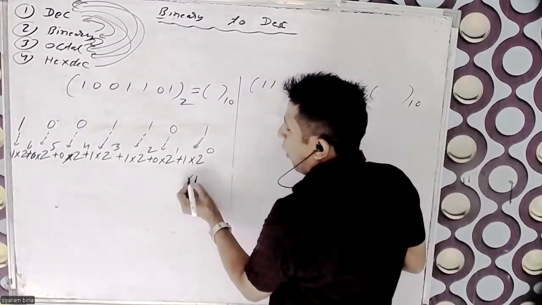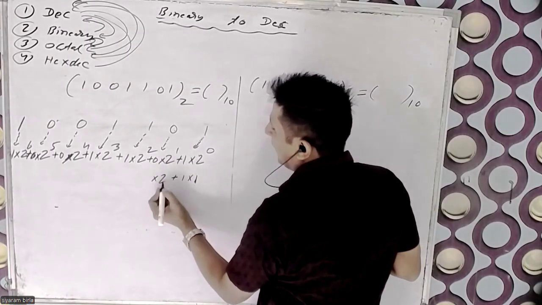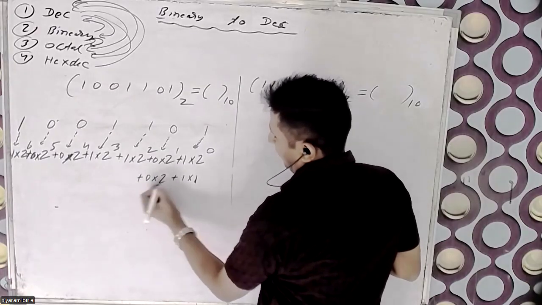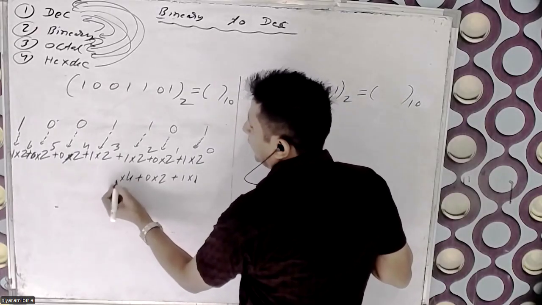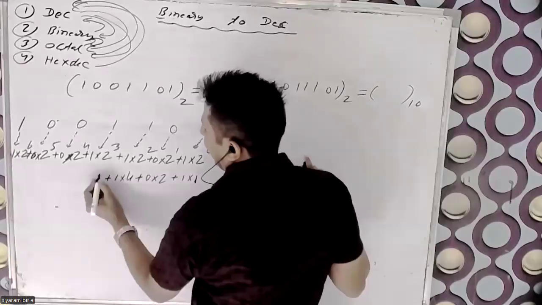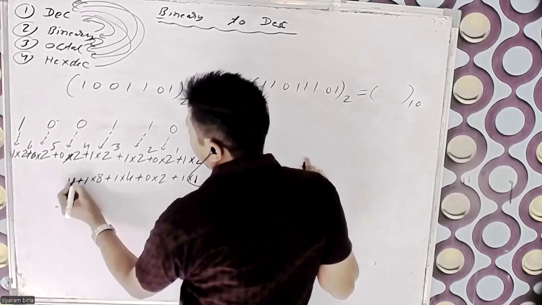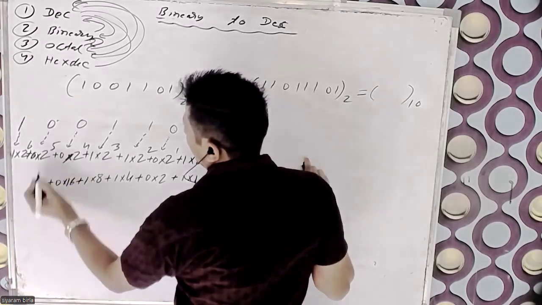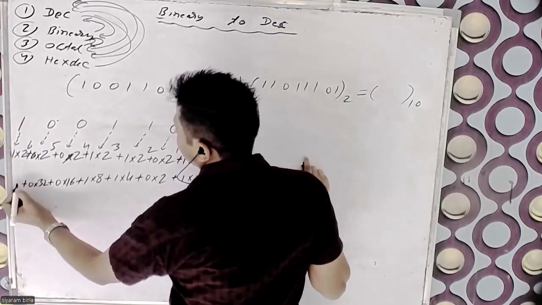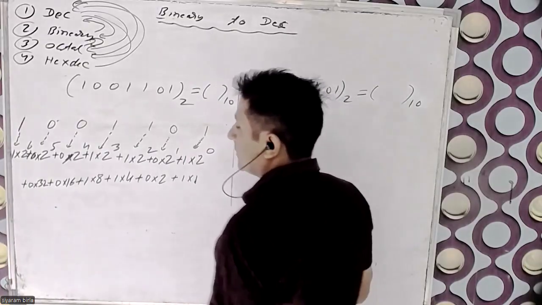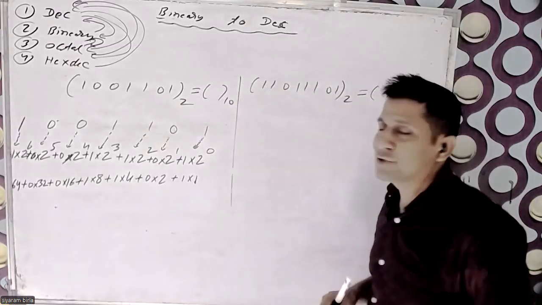So 1 into 1, plus 2 to the power 1, which is 2 into 0, becomes 0, plus 2 to the power 2, which is 4 into 1, plus 2 to the power 3, which is 8 into 1, plus 2 to the power 4, which is 16 into 0, plus 2 to the power 5, which is 32 into 0, and plus 2 to the power 6, which becomes 64, and into 1, it becomes 64.